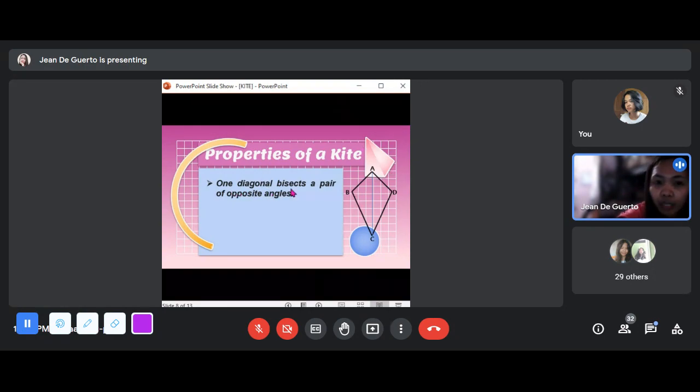So if we draw segment AC, this angle, and according to this property, one diagonal bisects a pair of opposite angles. So let us say angle A is 120 degrees. What is the measurement of angle BAC?